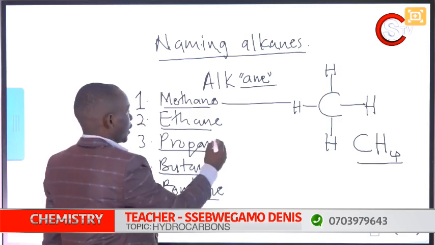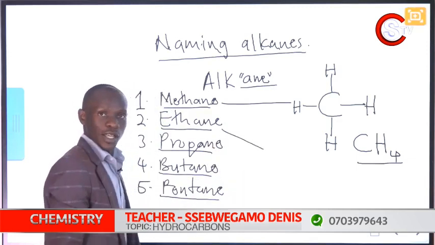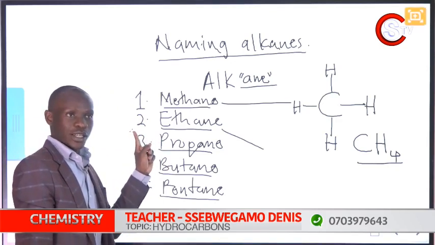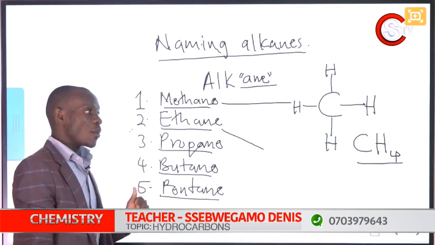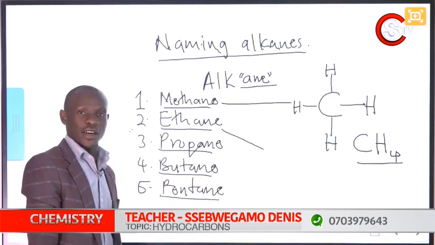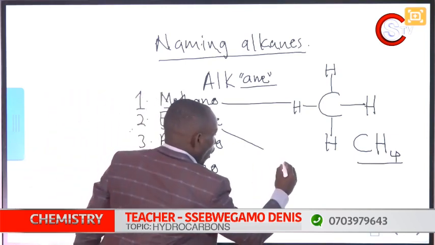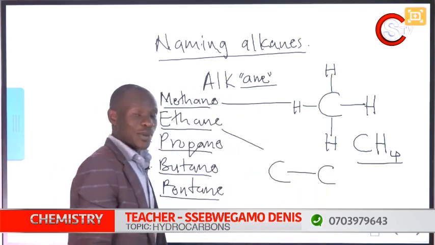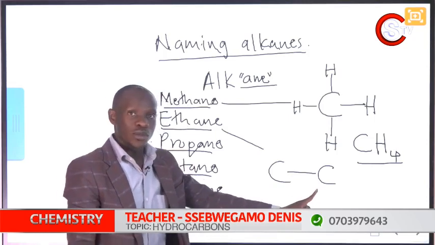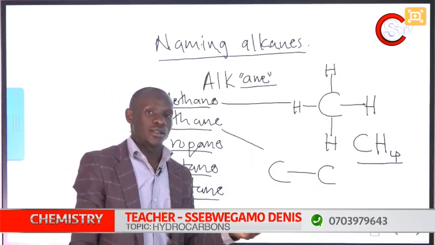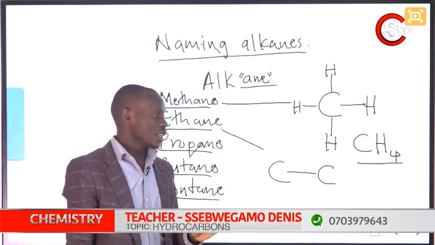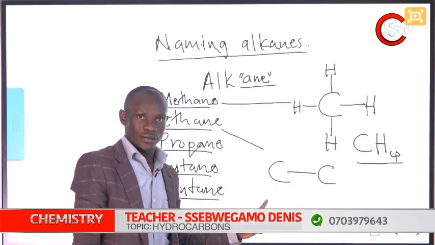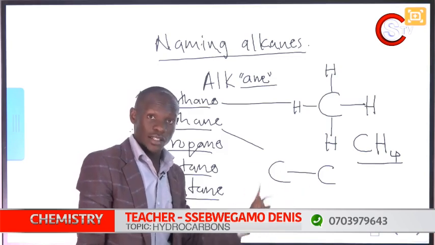Let me look at ethane. Ethane has 2 carbon atoms. That means in ethane, 1 carbon atom is bonded to the other. That means both the carbon atoms have contributed one of their electrons to coordinate with the other.